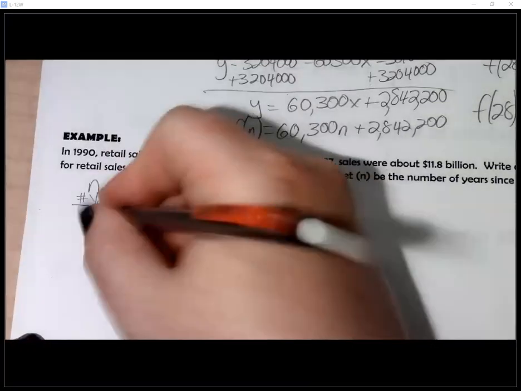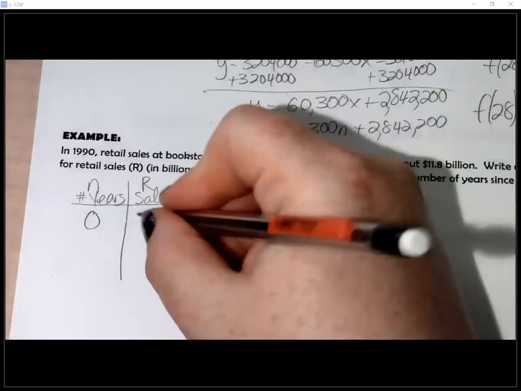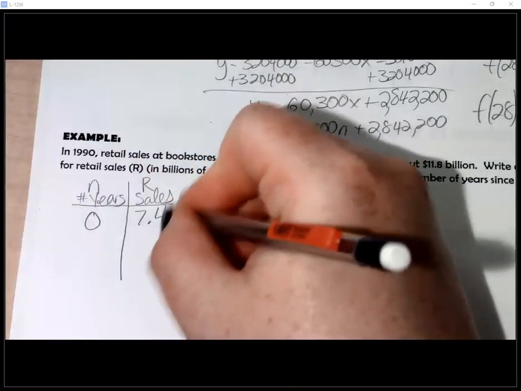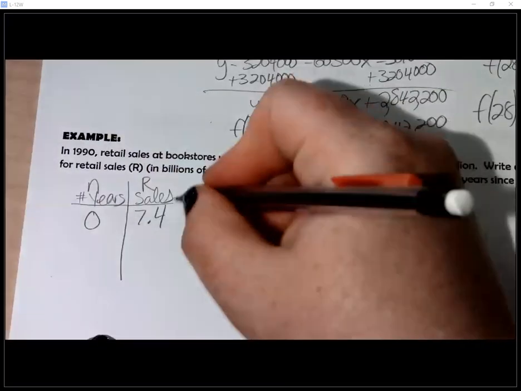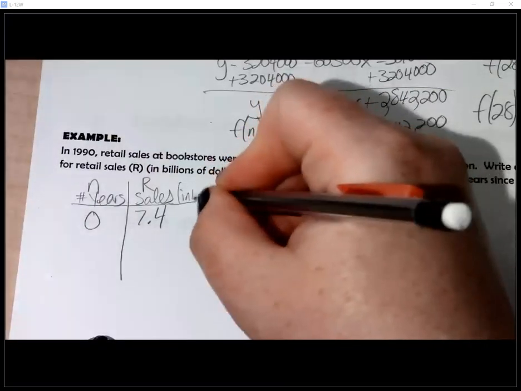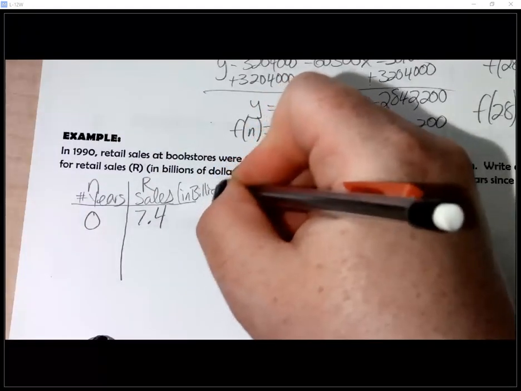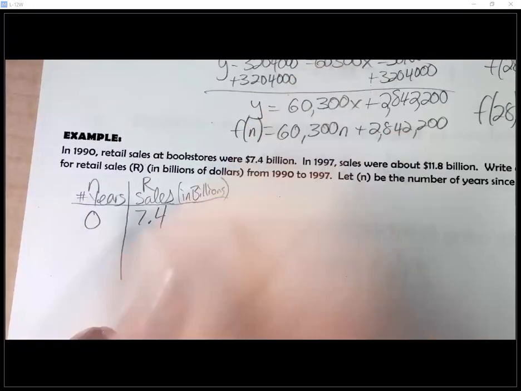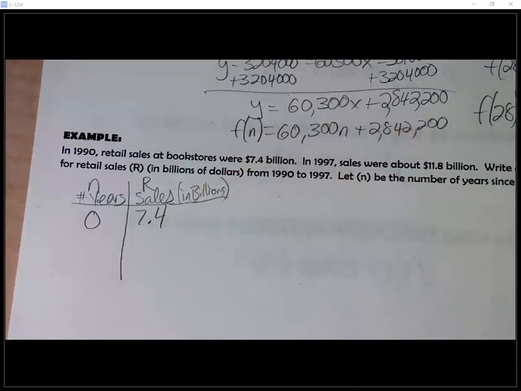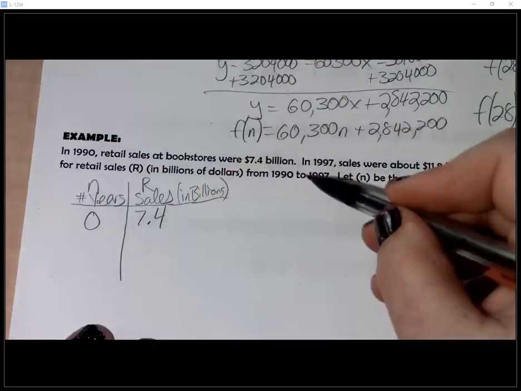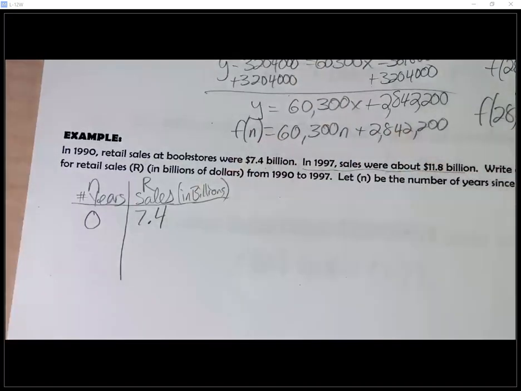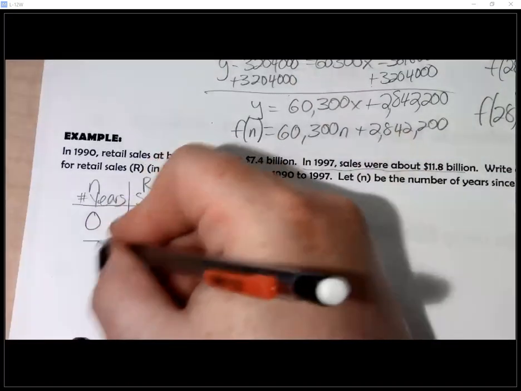The sales were 7.4 billion. I guess we should say sales in billions. And now, Braylon, you're right. So now in the second part, in 1997, the sales were 11.8 billion. So wouldn't n be 7 this time because it's been 7 years since 1990? Yeah, so we put a 7 and 11.8.